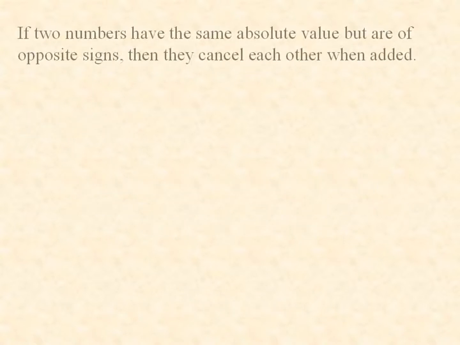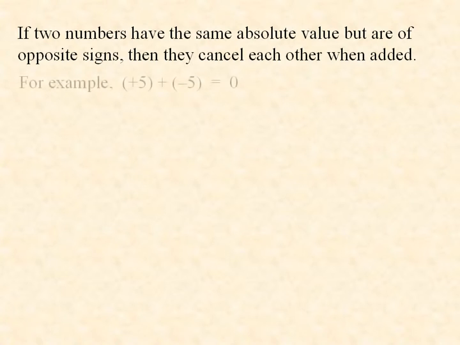If two numbers have the same absolute value, but are of opposite signs, then they cancel each other when added. For example, positive 5 and negative 5 add to 0.